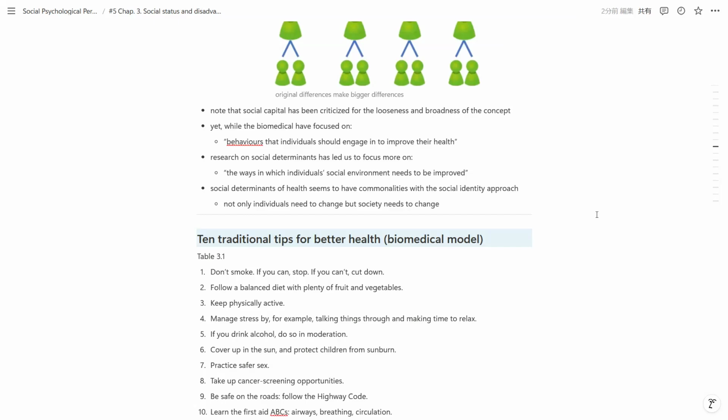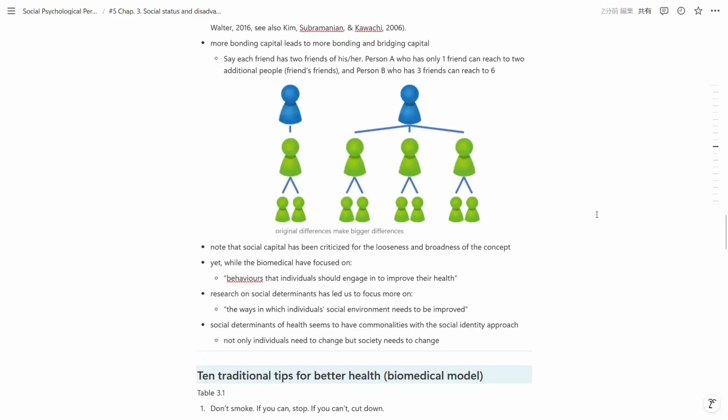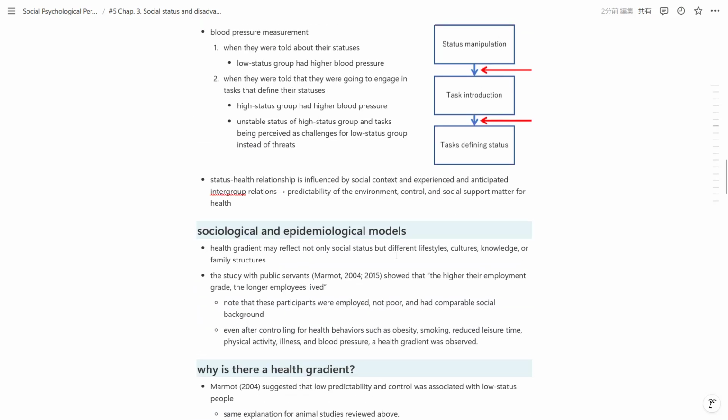In the last class, I talked about how social statuses are related to our health, and such a link can be found both among monkeys and human beings. And I talked about several reasons why there are links between social status and health. One of the reasons I mentioned was sociological or epidemiological models, which argue that social status is also related to different lifestyles, cultures, knowledge, or family structures that may be related to our health.